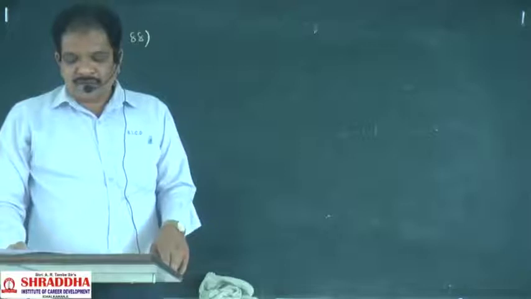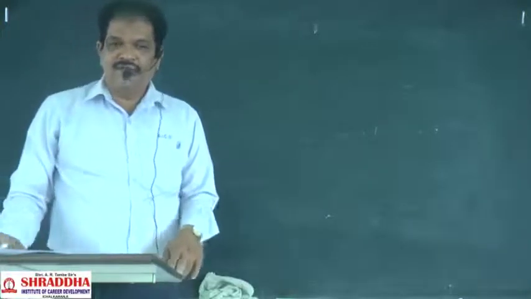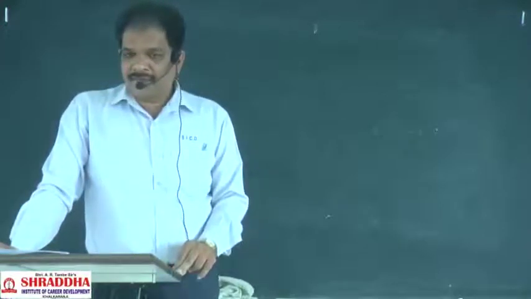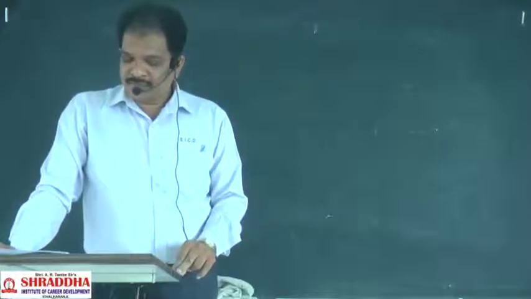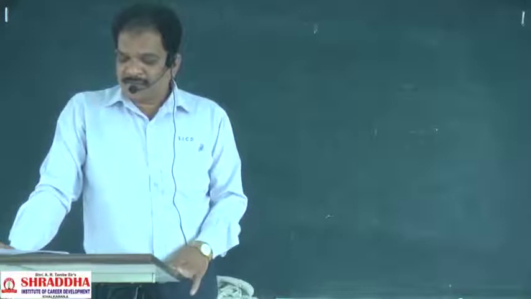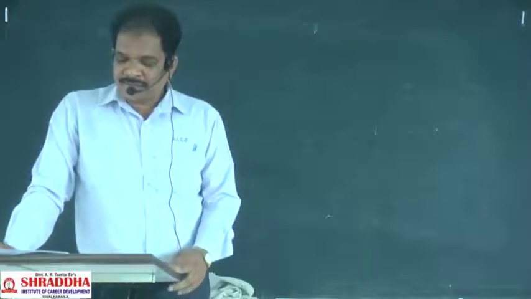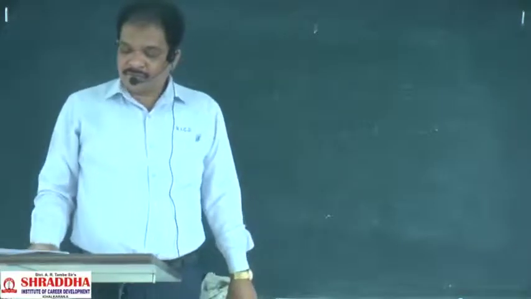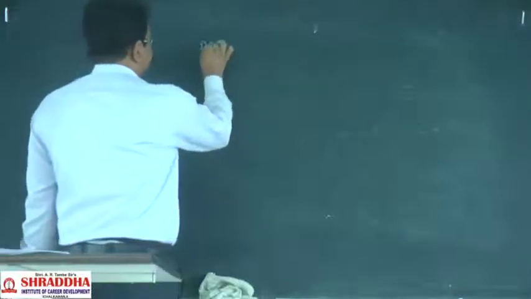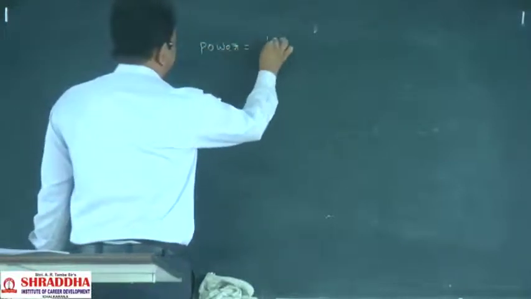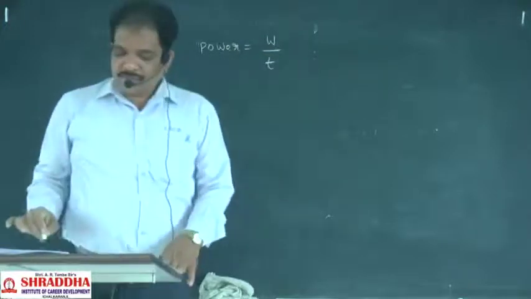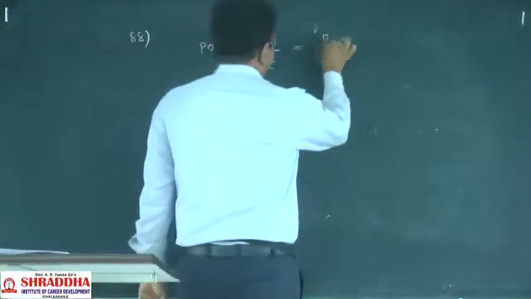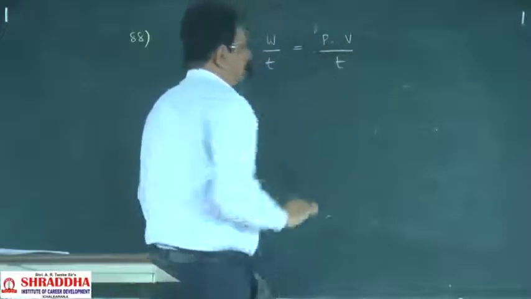Motor pumps water at the rate of V meter cube per second against pressure P. The power of the motor in watt is. Okay. Express power in terms of pressure and volume. So here power is equal to work by time. This work done we can write as pressure into volume by time.